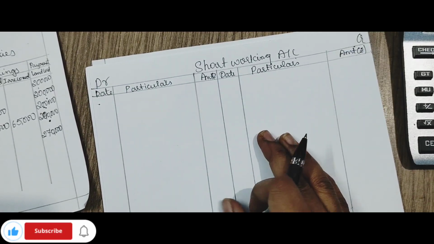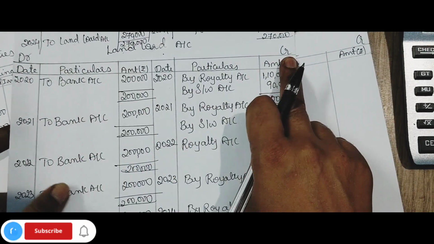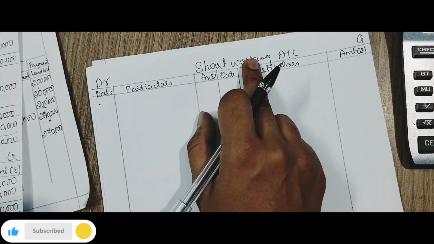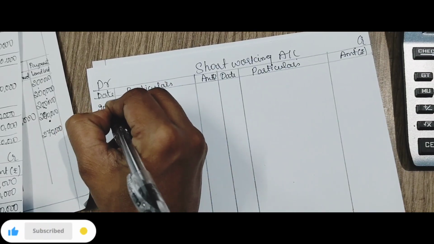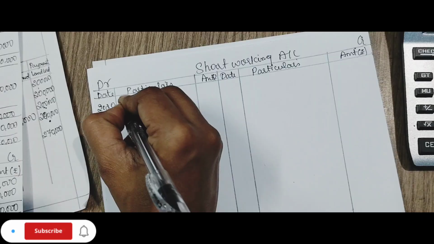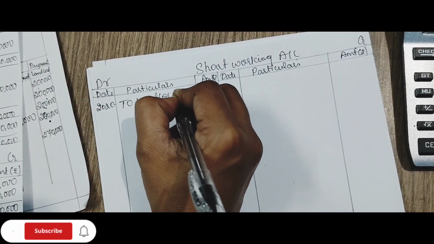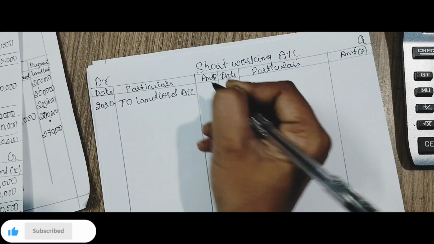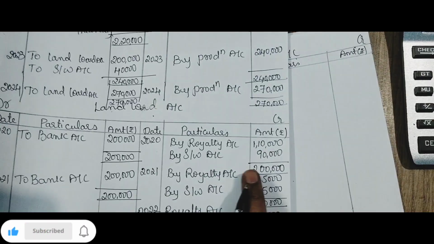In the landlord account, royalty account is credited. So in the short working account, you are debiting the landlord account. For 2022, landlord account. What is the amount you have recorded in the short working?